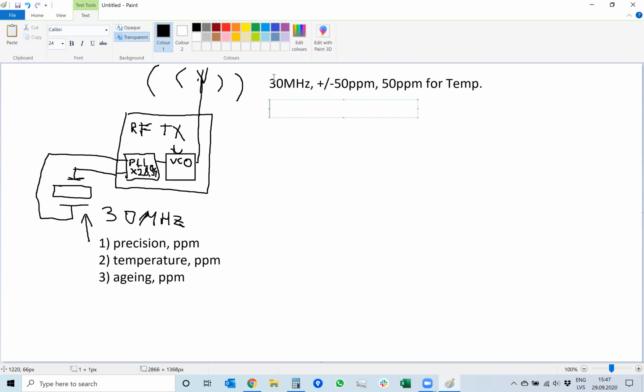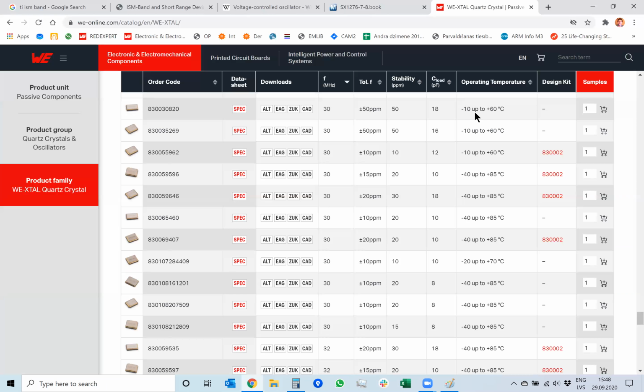Instead of 30 megahertz, we need to subtract 50 parts per million due to the imprecision of manufacturing, and another 50 parts per million due to the temperature.